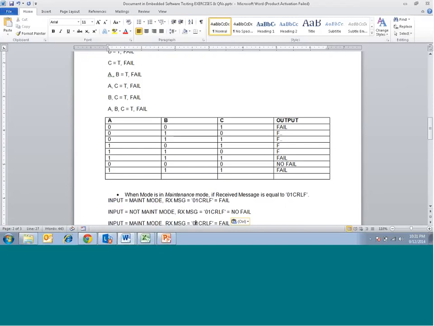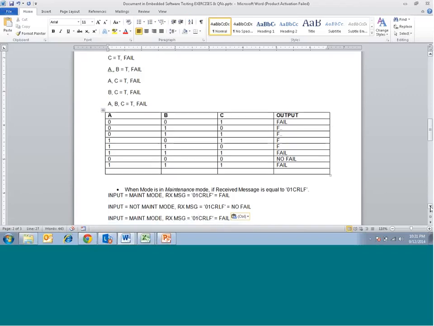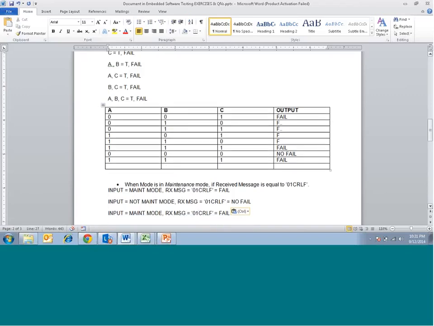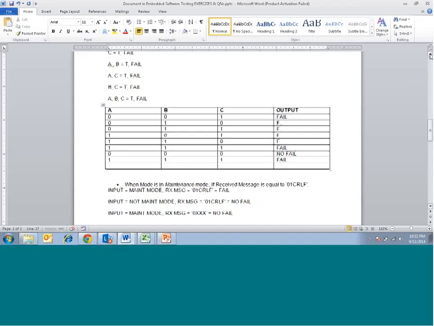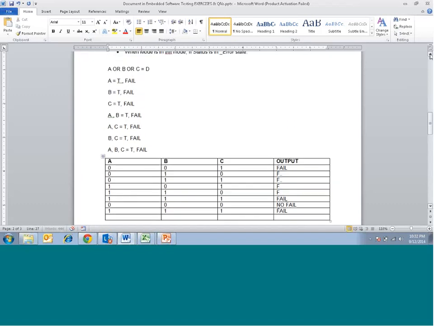It is something else, XXXX, whatever it is. So this also will become no fail. So like this, the combinations that we need to have, that is very important. Once this is done, then we are done with the complete test cases and we are going to apply it.